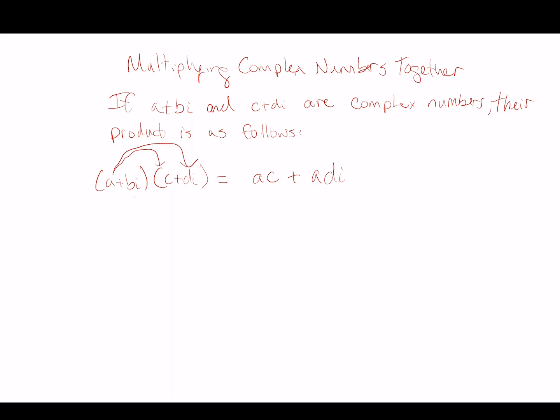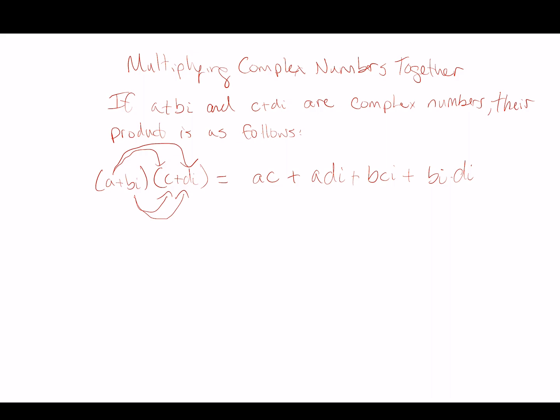Then we have bi times c and bi times di. So what that tells us is that we now have some more real stuff and some more imaginary stuff that we need to combine, like terms.